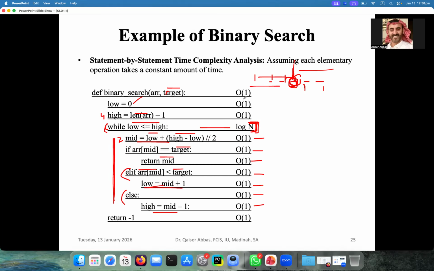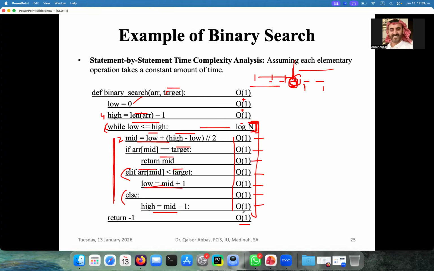Now, if you sum up all these, for this loop, log of n times, and for these order of one, order of one, order of one, when you add them up, it is 1, 2, 3, 4, 5, 6, 7, 8. 8 is again constant. And then log of n times, so for this you are getting log of n.